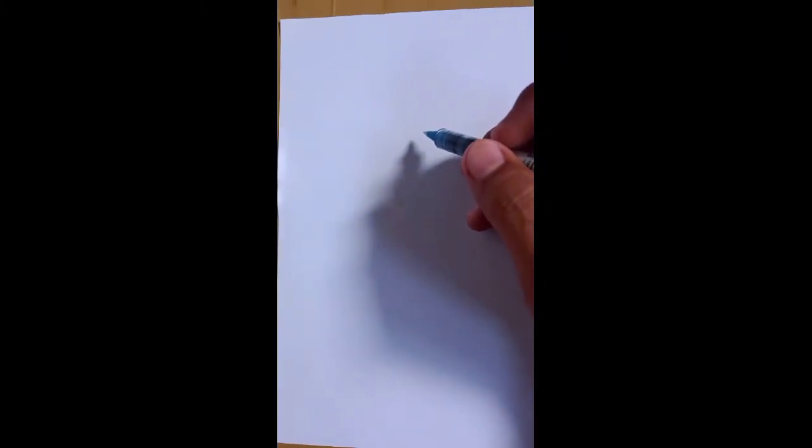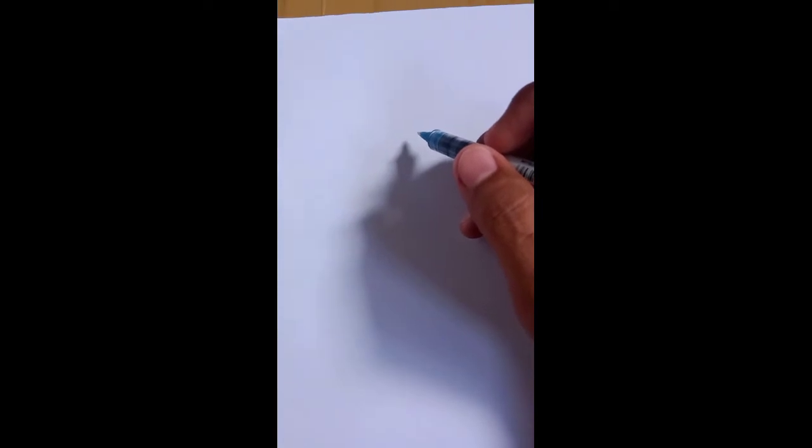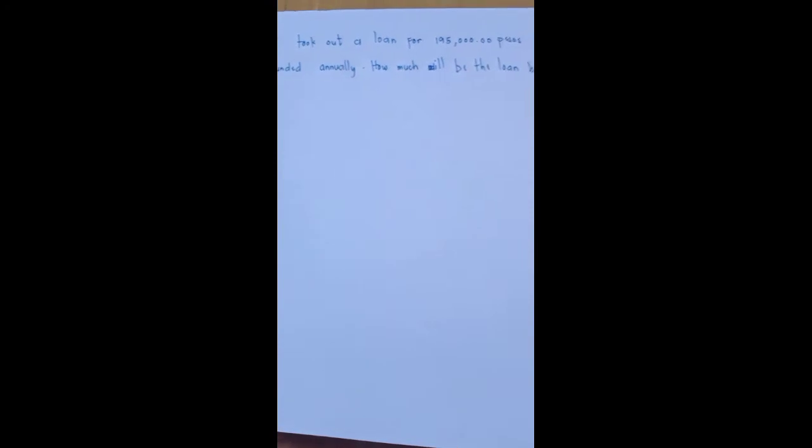In this video, I'm going to solve the interest, principal, rate, and number of time period. So let's start. In here, Fritz took out a loan for 195,000 pesos to purchase a car at a 4.3% interest rate compounded annually.